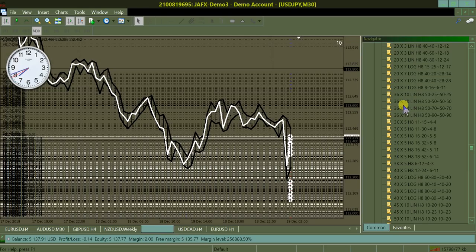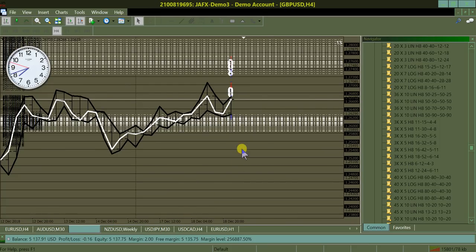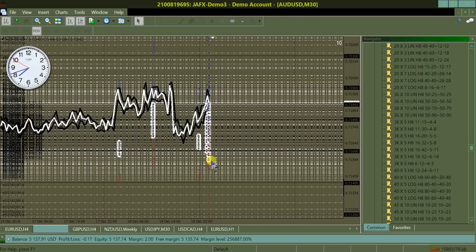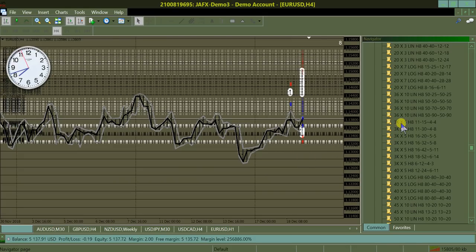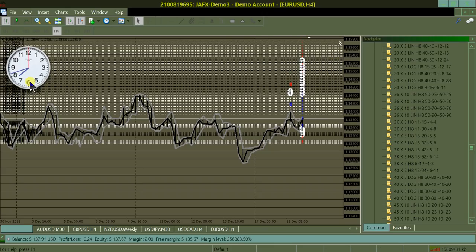Looks like we just got filled. So here I'm going to risk 50 to make 90. British pound looks like it's going up. I need that to come back. This is going up here. So we'll just throw a bunch of sell limits up there. All right, there you go. That's it.